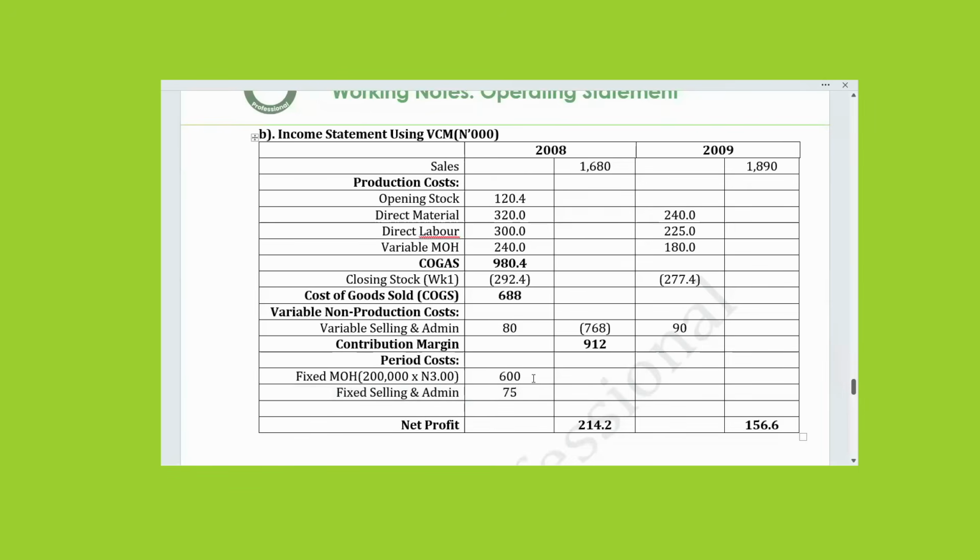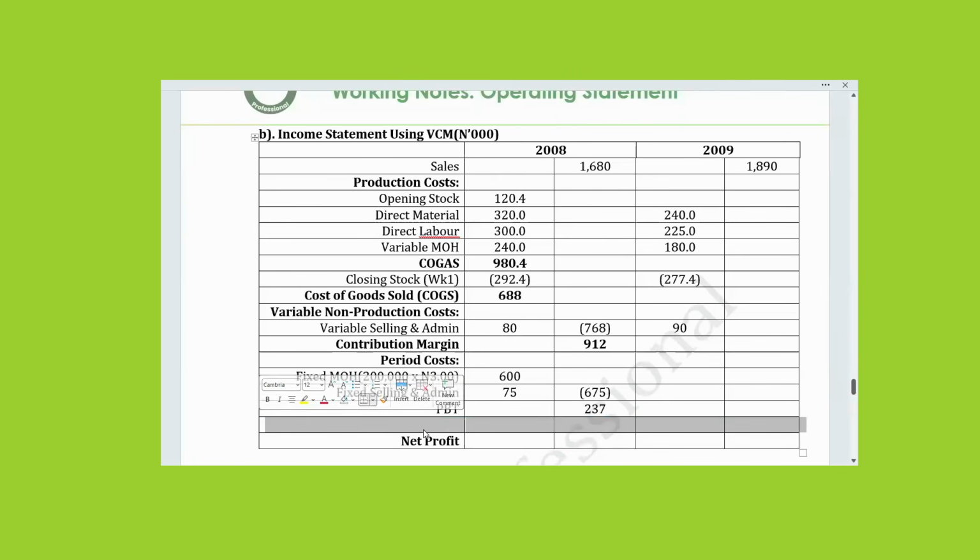Okay, so you add the two together. 600,000 plus 75,000 will give us 675. So 912 minus 675, what do you have? 237. What do we call this? Profit before tax. Then we charge income tax, which is profit before tax multiplied by 40%.